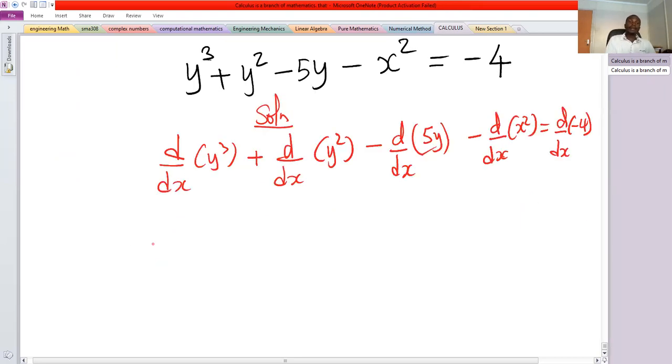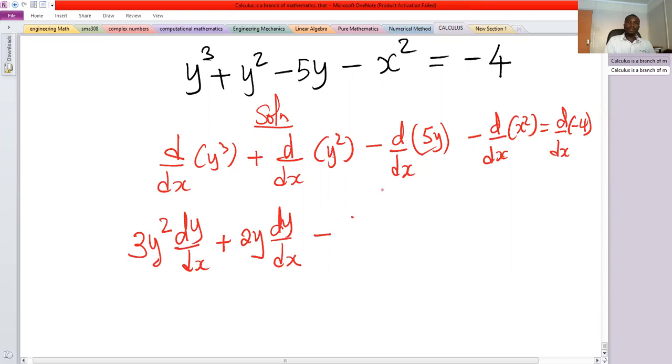Now here, by power rule will be 3y squared, but because it's a y, you attach dy dx, plus here will be 2y, but because there's presence of y, dy dx, minus 5y will give us 5, but because of this y, dy dx, this will be just 2x, and this is 0.